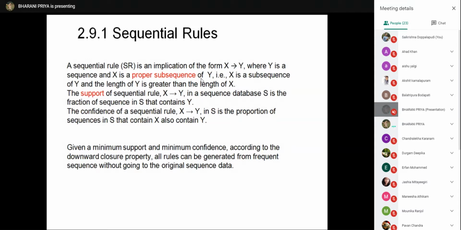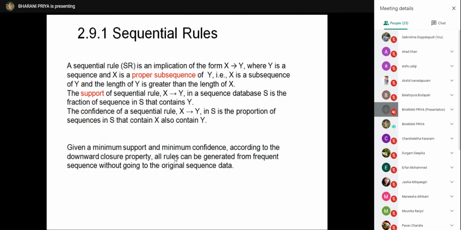So what did you understand here? We can generate a rule if X is a subsequence and Y is a sequence. The support of a sequential rule in a sequence database S is the fraction of sequences in S that contain Y. So we are calculating the support of Y here, and the confidence we are calculating for the entire rule.